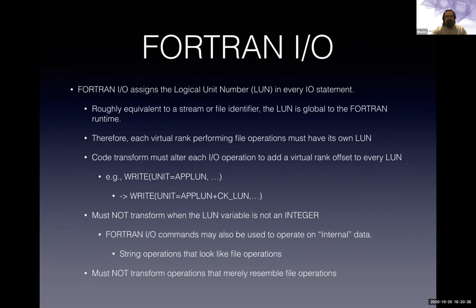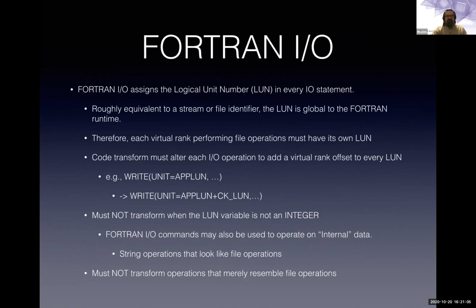And therefore, in order to manage this sort of safety issue that we have with mutable state, we have to manage these LUNs. And so we have to transform each of these when they are actually file operations. And here, Fortran throws us a little bit of a curve because all of these things that are written as file operations can also be used to apply to strings.